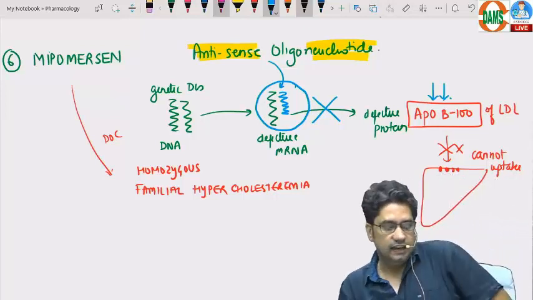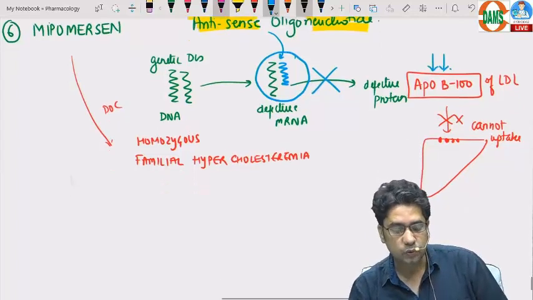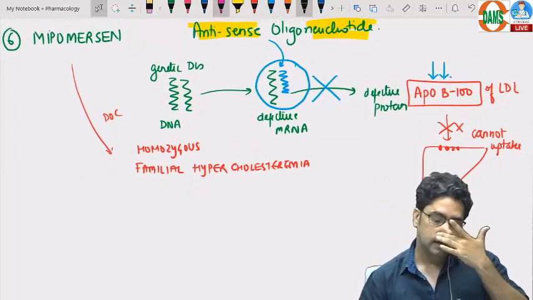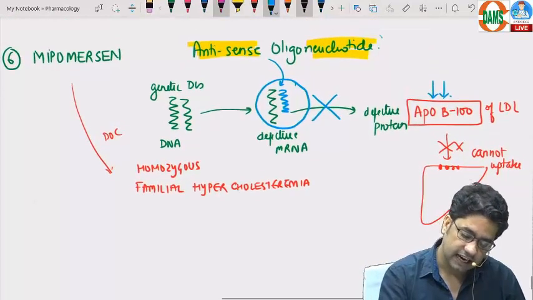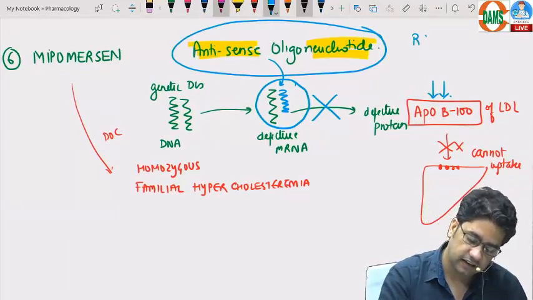So that is why it is known as antisense mRNA, antisense oligonucleotide. Any drug which is an antisense oligonucleotide will end with the word "ursane".